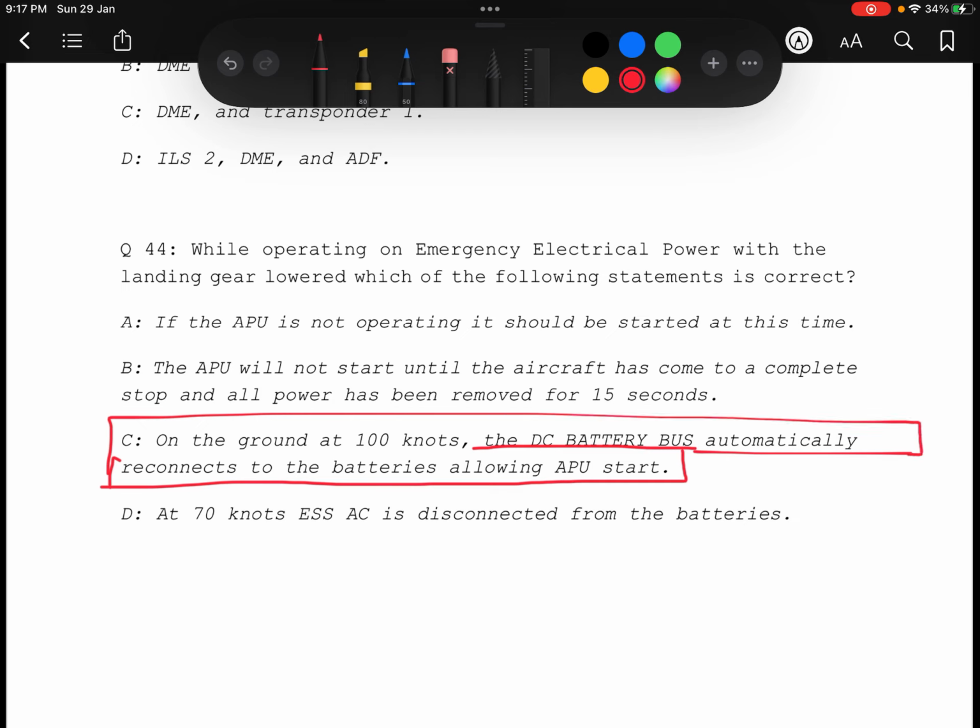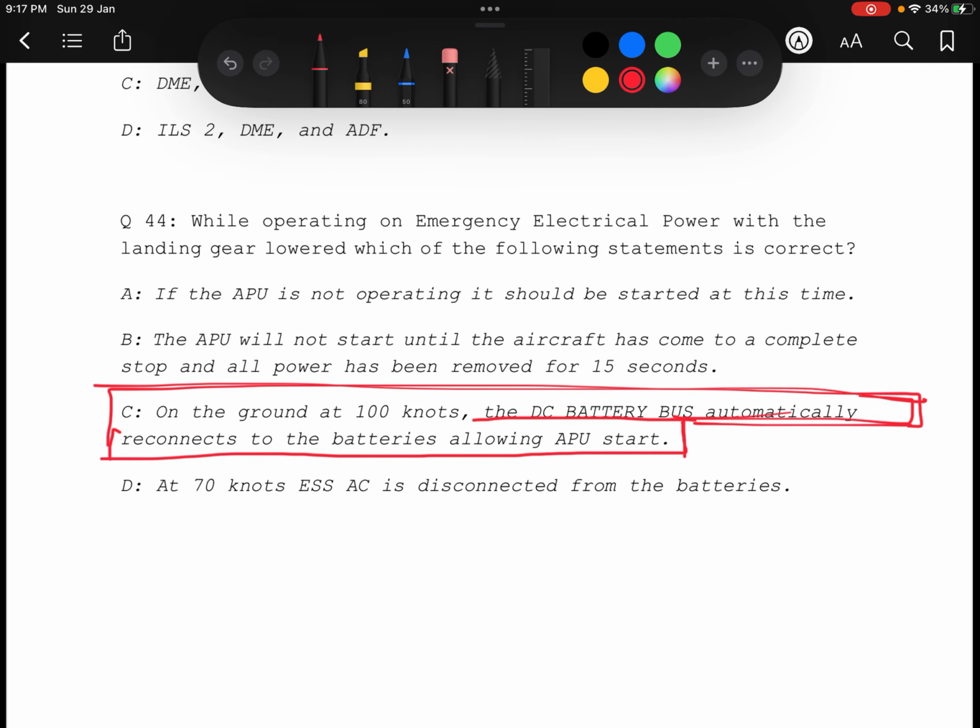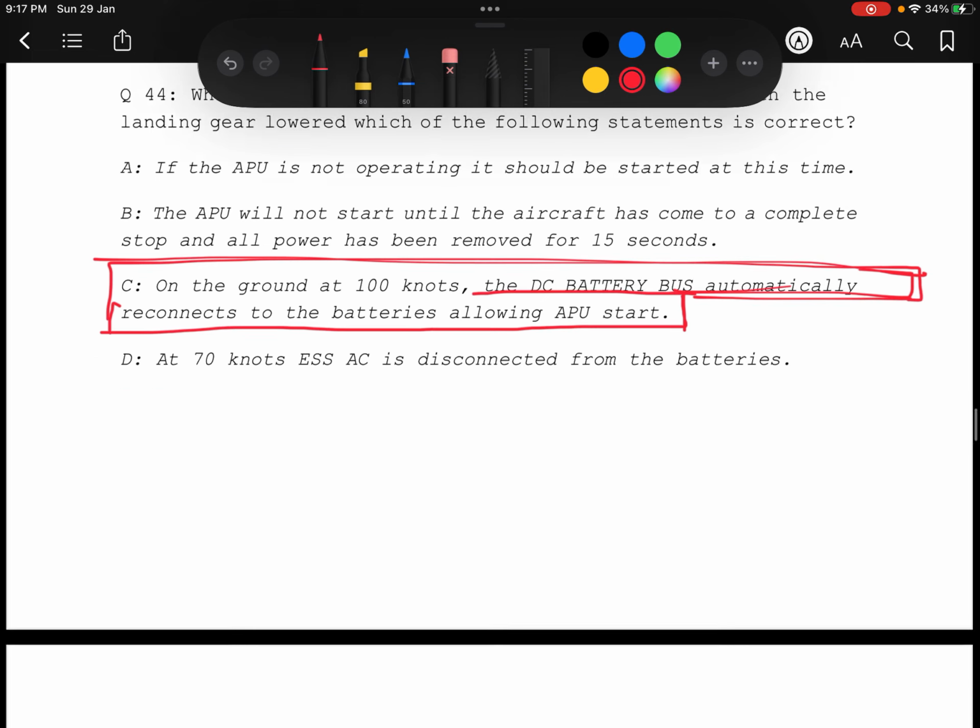I have explained it, and you will be able to find where this information is, right? Below 100 knots, the aircraft assumes that at 100 knots you can't be in the air. True. Either you will be lying on the ground or you have landed on the ground. Either situation, at 100 knots the DC BAT bus automatically reconnects to the batteries because the emergency generator has stopped working. Definitely, it would have stopped working. Charlie.